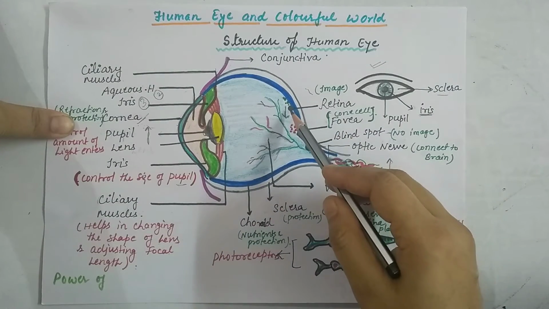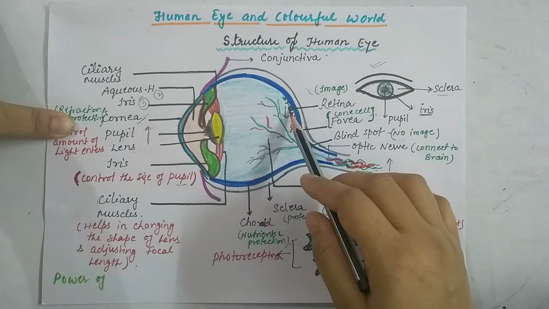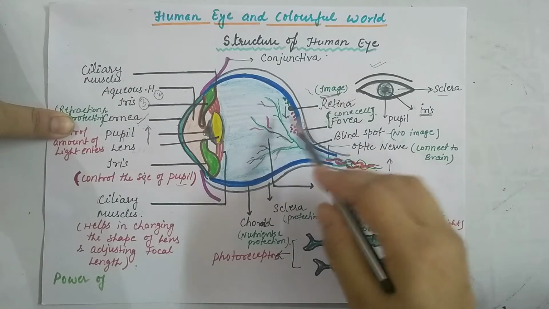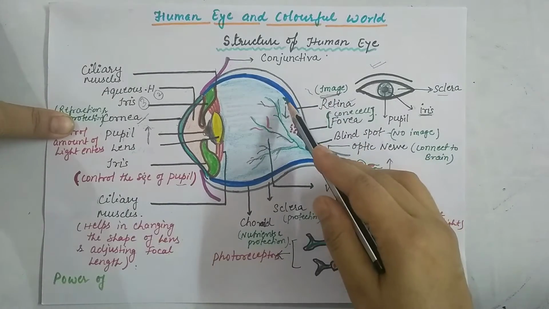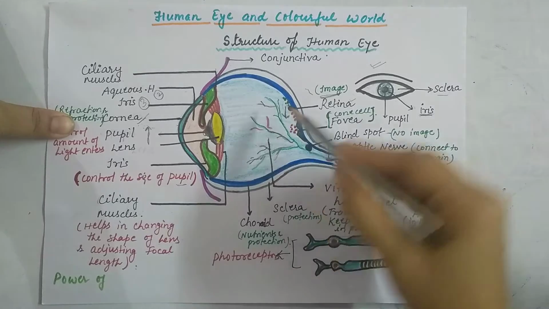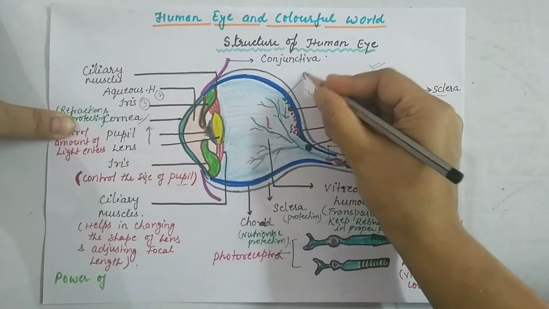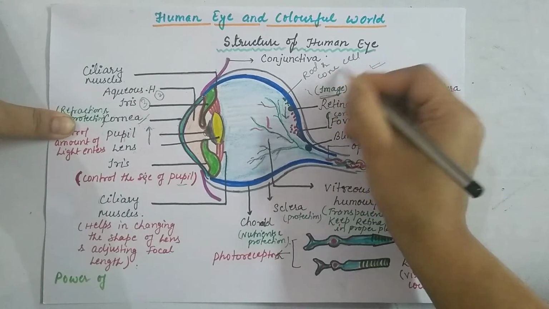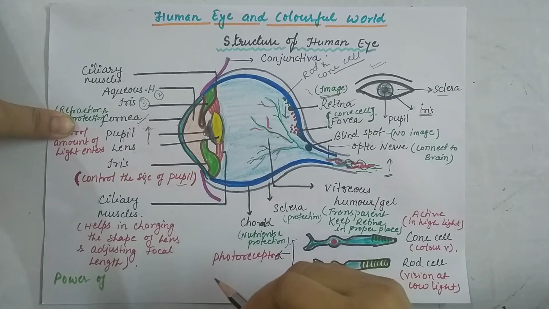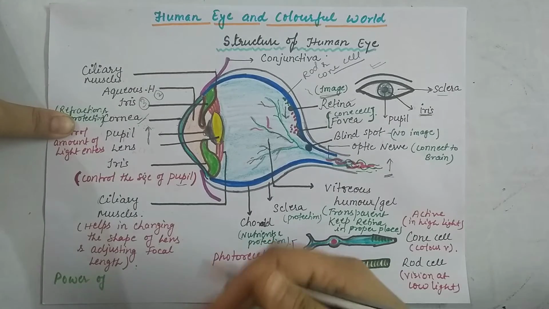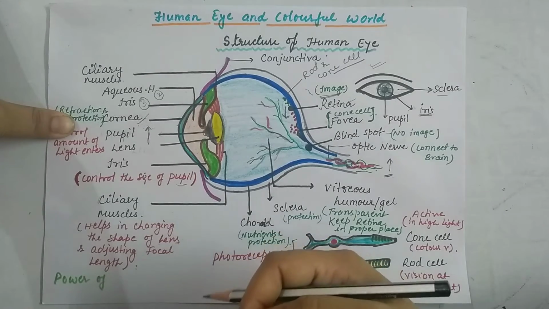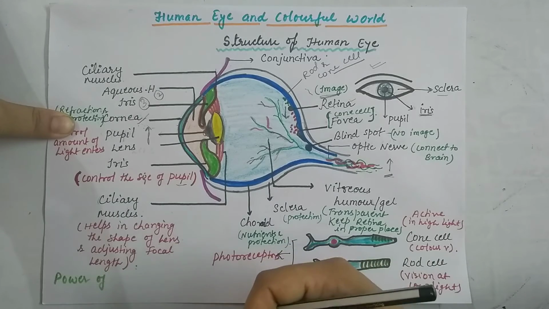Next one is the retina, the back side, where the image formation takes place. This retina contains rod and cone cells, which are sensitive to light, and they help in seeing the object when the light intensity is less or more.